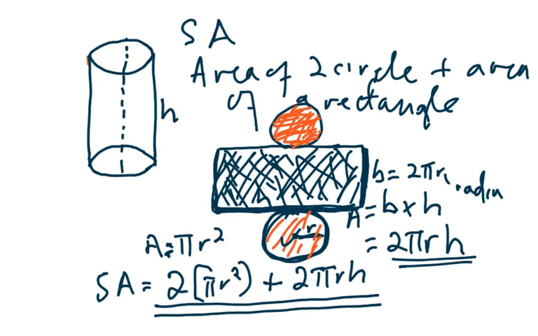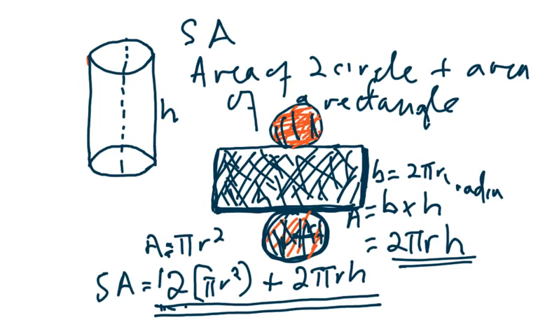Now we have again to be very careful. That is for a cylinder that is closed on both sides. That means this circle occupies space, and that circle also occupies space. So the question might be, this cylinder is only closed at the bottom and open at the top. Then the formula would only have one circle.